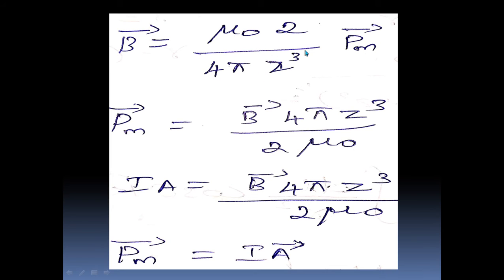Just rearrange this equation. pm vector equals 4 pi z cube into B vector divided by 2 mu naught, where the 2 mu naught goes to the left hand side as the denominator term.